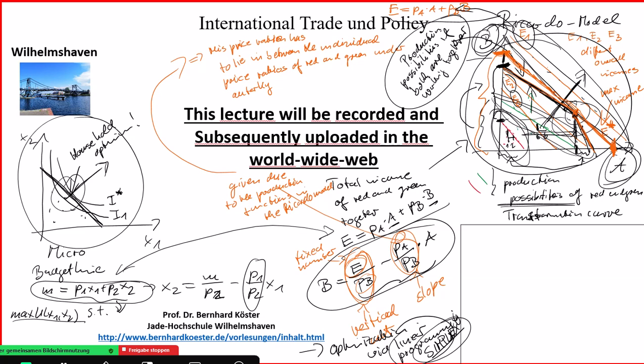So this part here is, so to speak, a measure of the benefit of first specializing due to the comparative advantage and afterwards trading. And the same you can see also on the horizontal line.